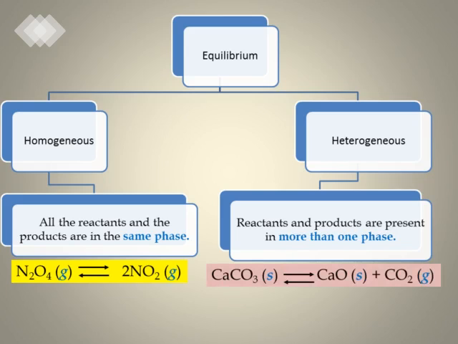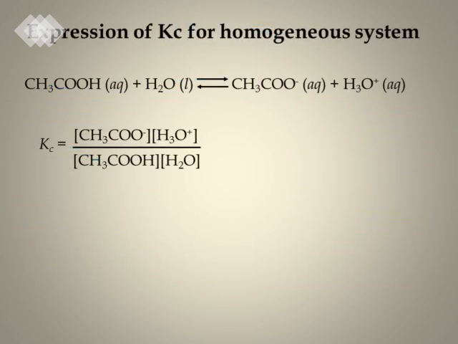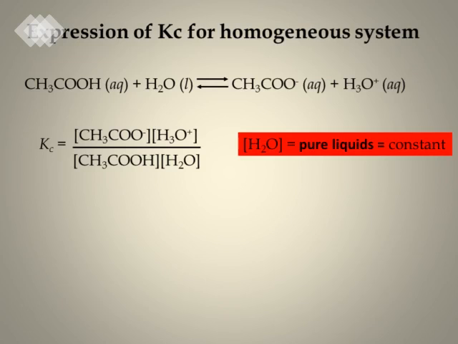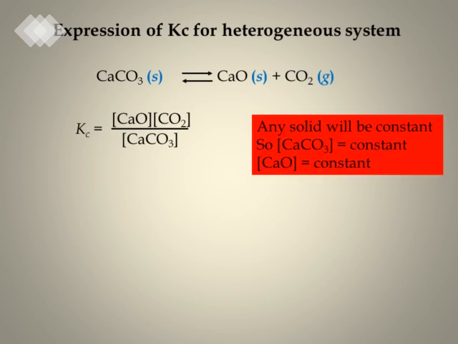Example, the decomposition of calcium carbonate. Therefore, in both homogeneous and heterogeneous equilibrium, the concentrations of pure liquids and pure solids are not taken into account in the expressions since their values are constants.